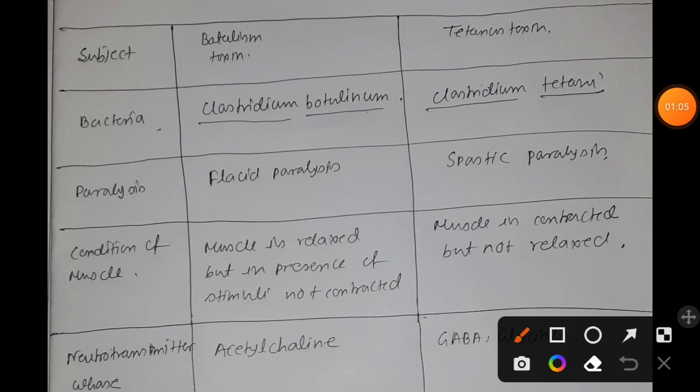So remember, in flaccid paralysis, acetylcholine, a neurotransmitter responsible for muscle contraction, cannot bind with the acetylcholine receptor present in the muscle, and as a result the muscle cannot contract, despite the presence of stimuli. In the normal case the muscle contracts, right?